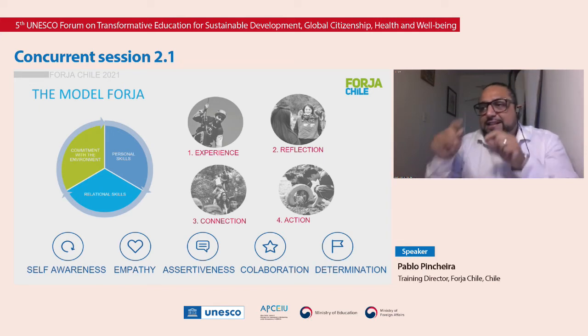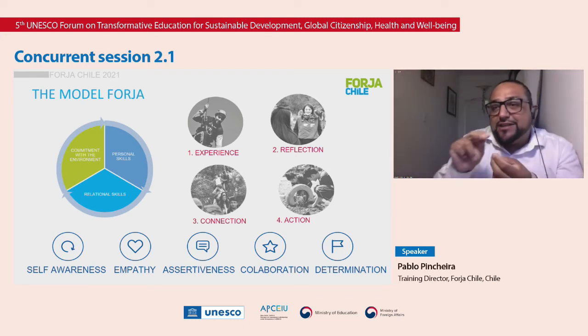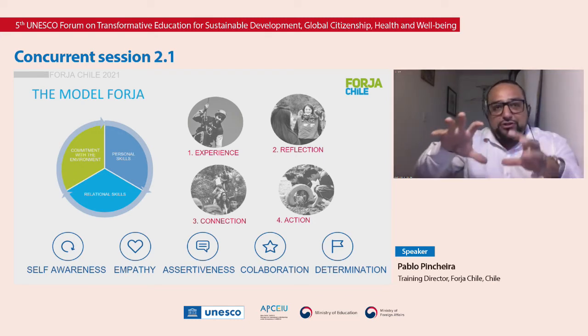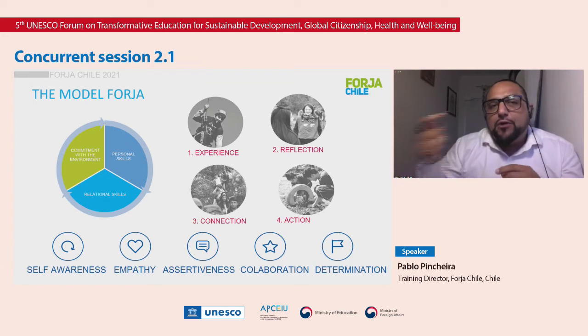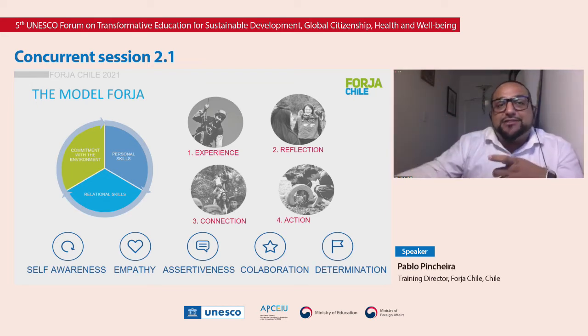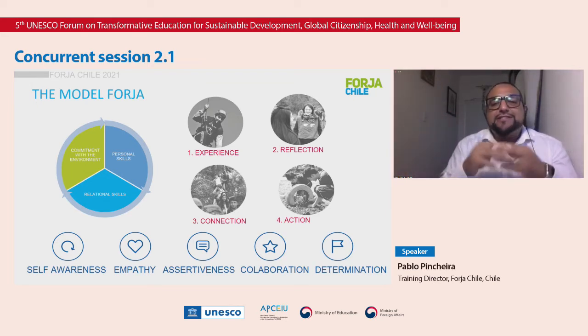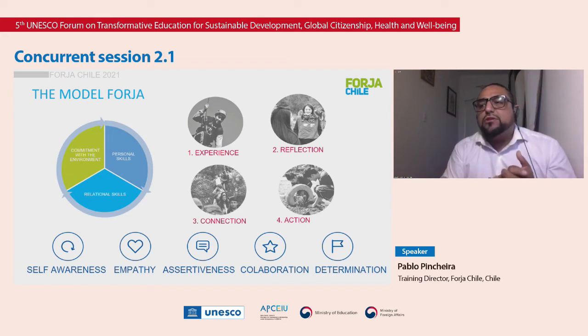So it was about the different types of social relationships we can have with others. And the third one was assertiveness. Number 4 was collaboration. Number 5 was determination.